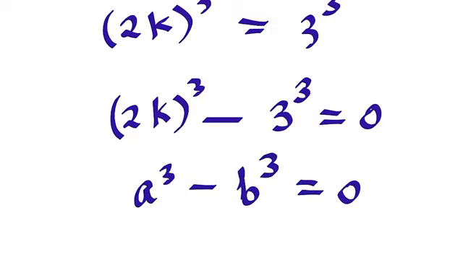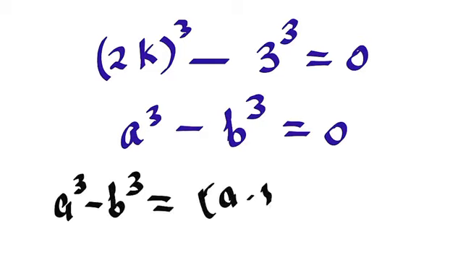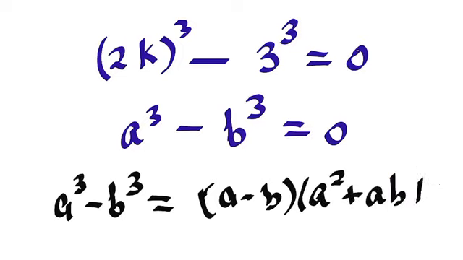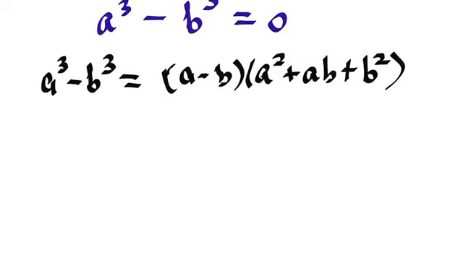This is a difference of two cubes. So a to the power of 3 minus b to the power of 3 will give us a minus b, then a squared plus ab, then plus b squared. So we are going to apply the same thing.